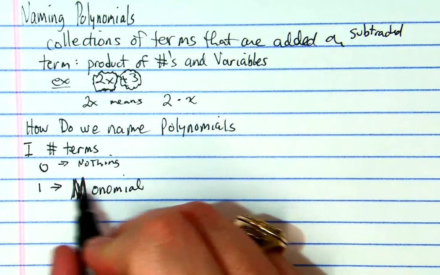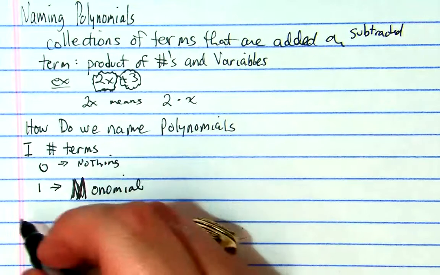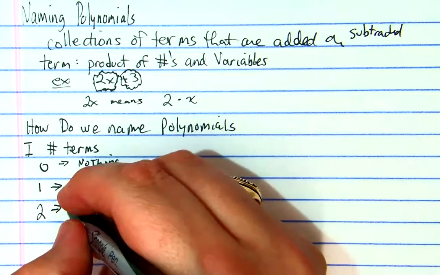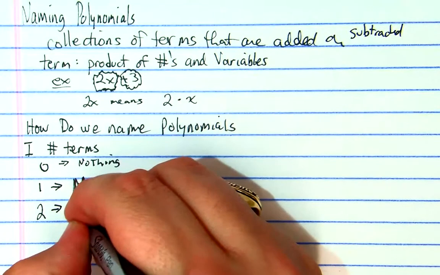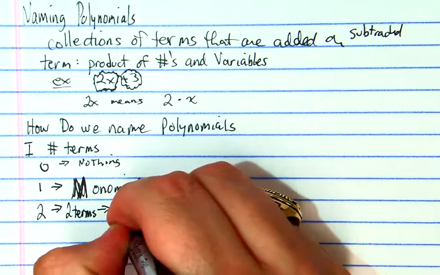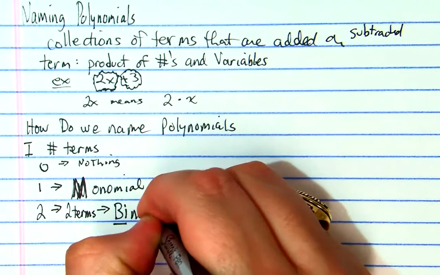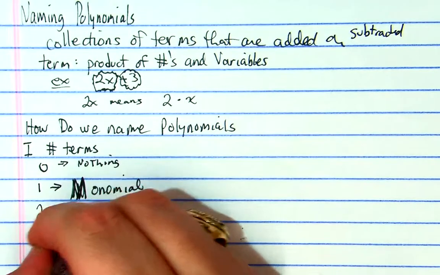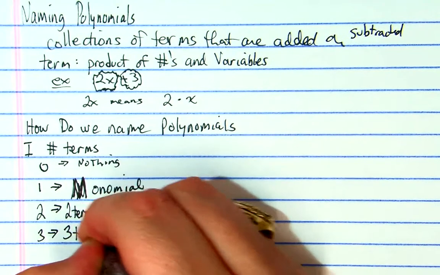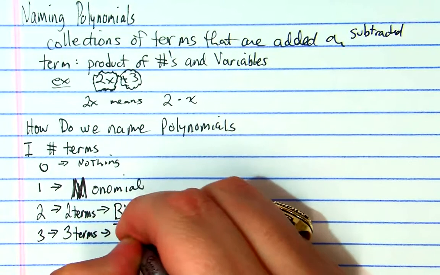Mono means one, so there's only one term in the whole thing. Poly means many. Two terms is called a binomial. Three terms gives us a trinomial.